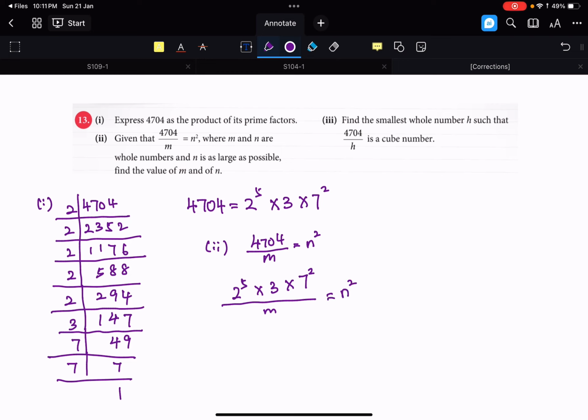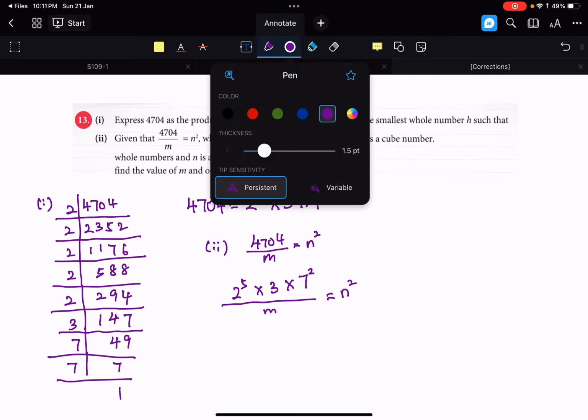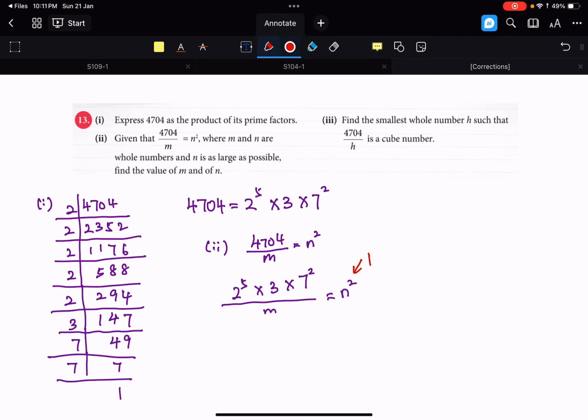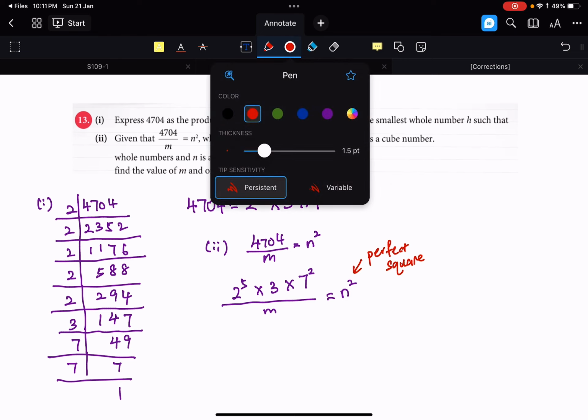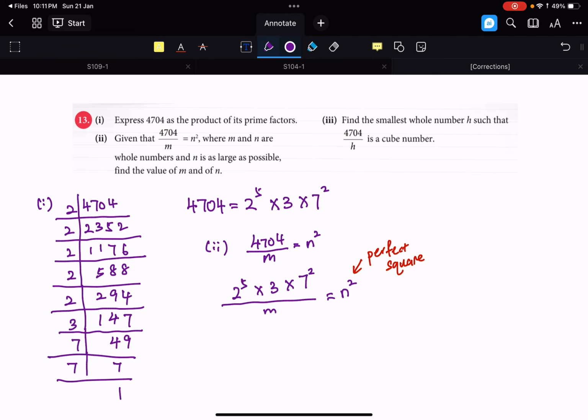So if you look at it carefully, n squared simply means perfect square, right? So we already understand that perfect square means the power has to be an even number. So if you look at that, then we will know what we need to get rid of so that we get a perfect square, and whatever we need to get rid of is actually our m, right?